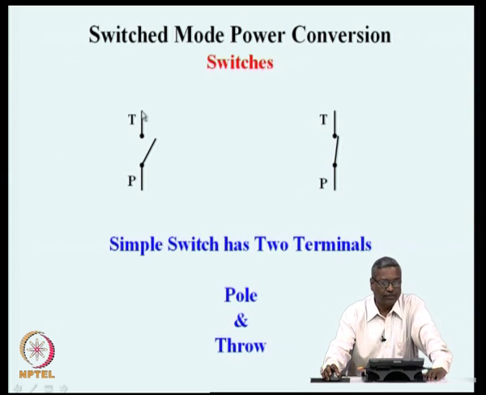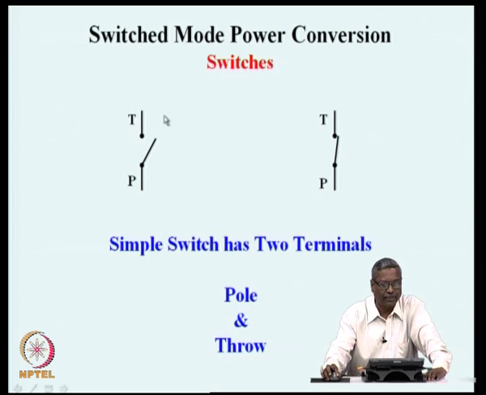The terminals of the switches are designated as throw and pole. Here I have shown the schematic of a switch in its off state and the switch in its on state. In the off state, the throw T and the pole P are not connected to each other, they are isolated from each other. In the on state, the throw T and the pole P are connected to each other electrically.